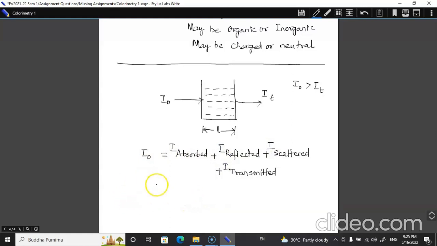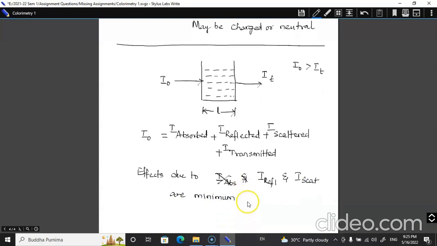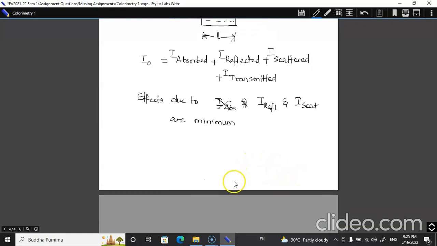The effects due to I absorption, I reflection and I scattering are minimum, so always I0 is equal to IA plus IT.